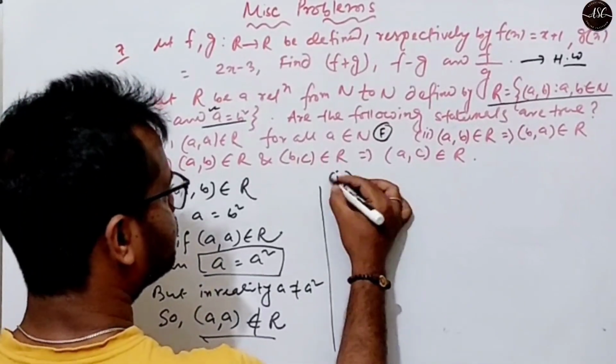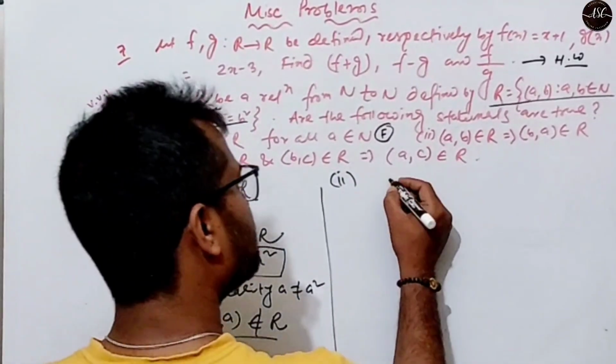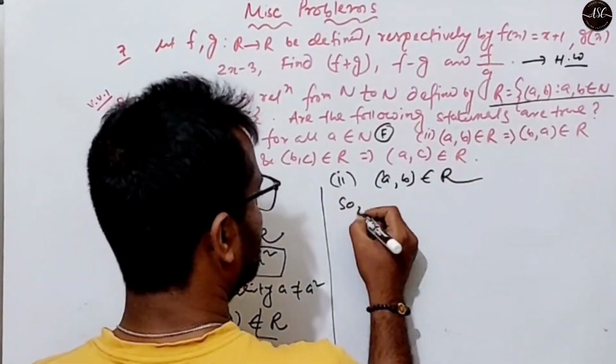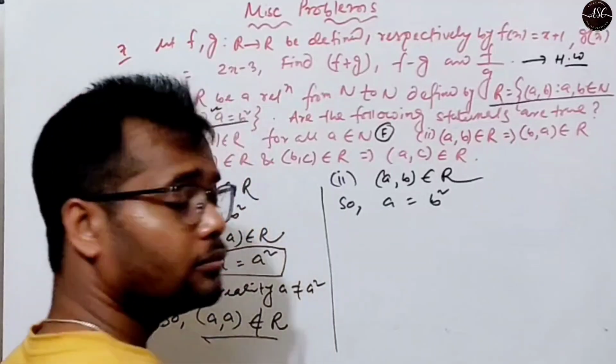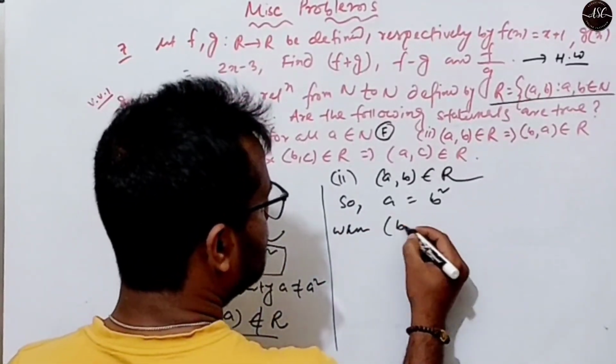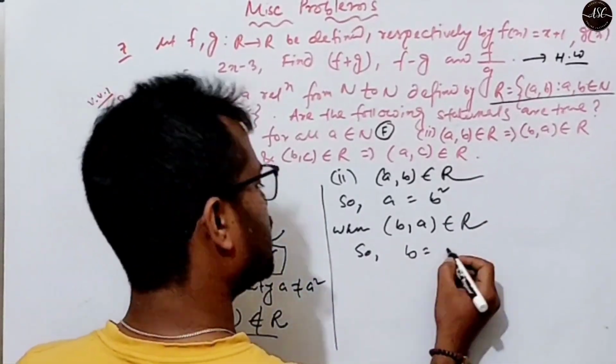Question number 2. Here (a, b) belongs to R implies that (b, a) belongs to R. If (a, b) belongs to R, that means a is equal to b square. When (b, a) belongs to R, that means b is equal to a square.